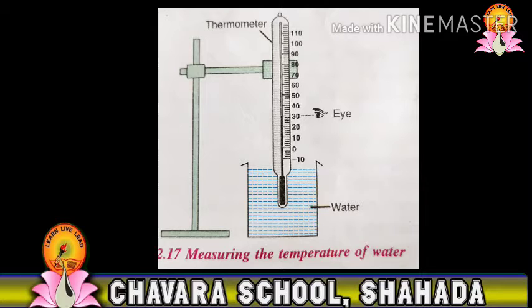Wait for some time. Look at the mark up to which the mercury has risen, keeping your eye in the horizontal line of the level of mercury. Then you can see the measurement of the temperature, that is, the temperature of water is 30 degrees Celsius. You can see in this picture.